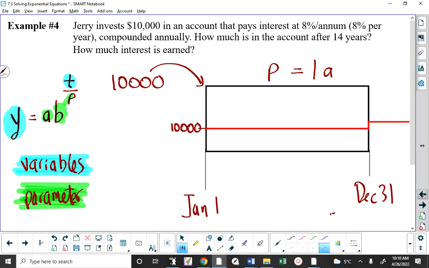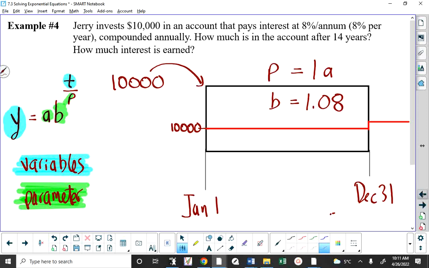What's the big deal here? Well, the big deal is T and Y vary throughout Jerry's investment, but A is the same for every calculation, no matter what time we're using. B is the same. P is the same. So we've already established that P is 1. What is the base? Well, the base is 1.08. We've talked about this before.